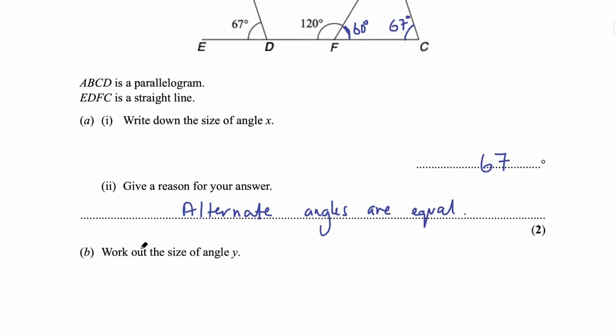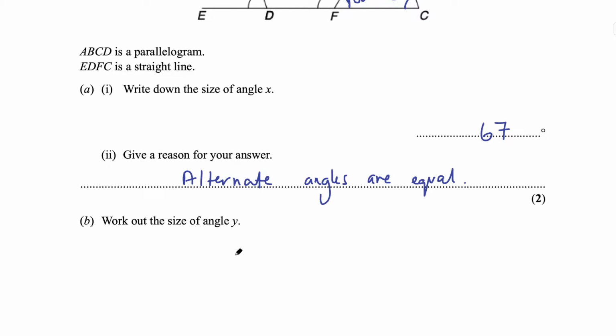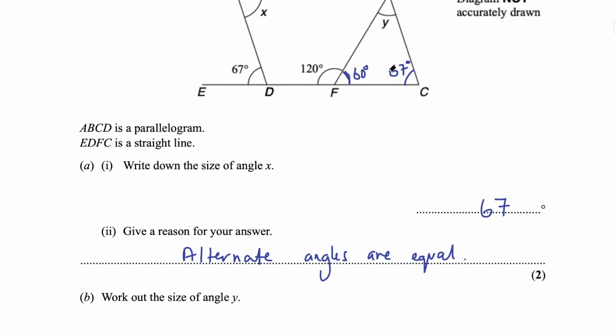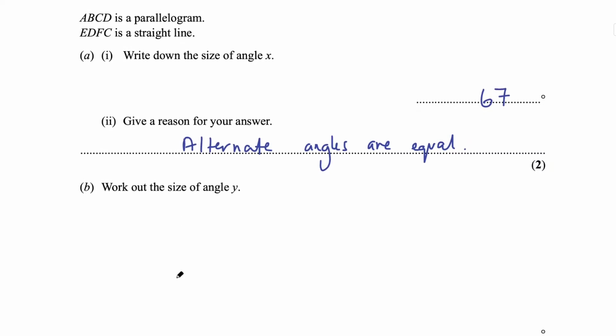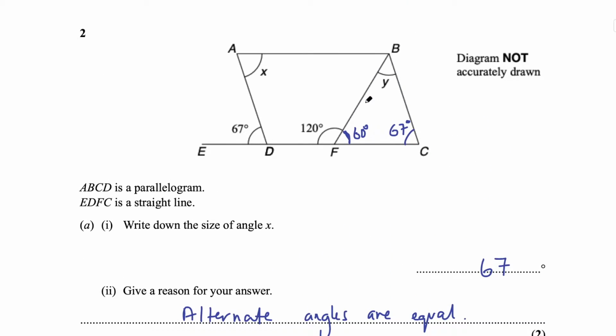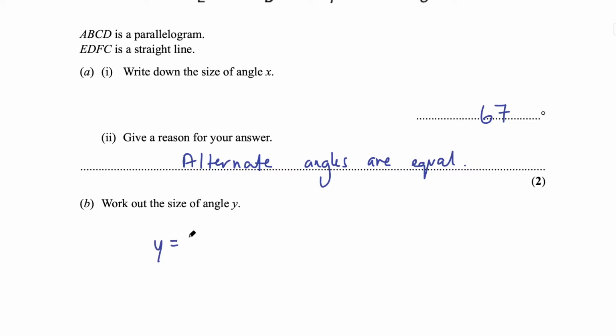Important to note that for part B, it doesn't say you need to give reasons, it just says work out the size of angle y. So if it doesn't say give reasons, you don't need to write down any of that reasoning, you just need to show a little bit of working out. So for y, looking at this triangle BFC, the angles in the triangle add up to 180, so therefore y is going to equal 180 take 60 take 67.